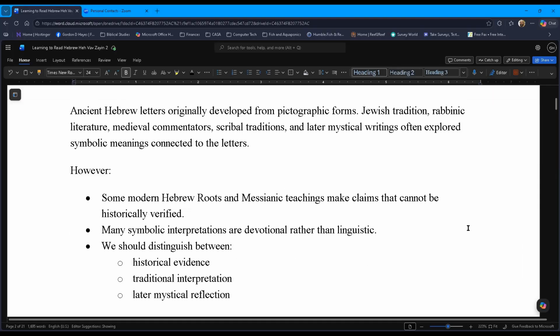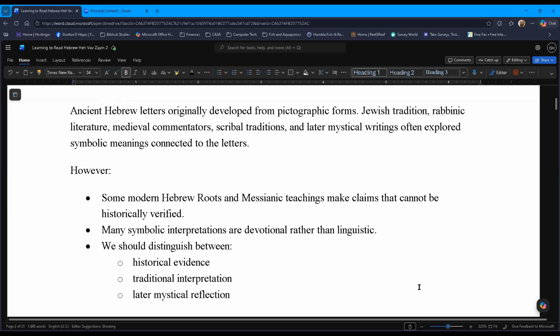However, some modern Hebrew roots and Messianic teachings make claims that cannot be historically verified. That doesn't mean necessarily that they're not true. They're just not accepted. Some of the ideas that are put out there, and believe me, there's so many on the internet that it boggles the mind.